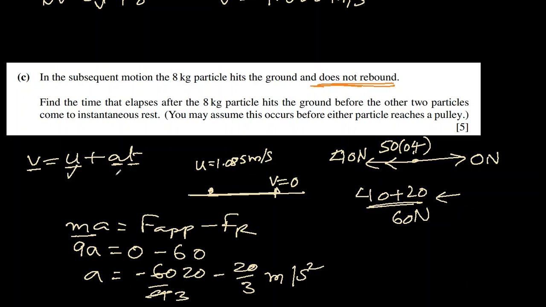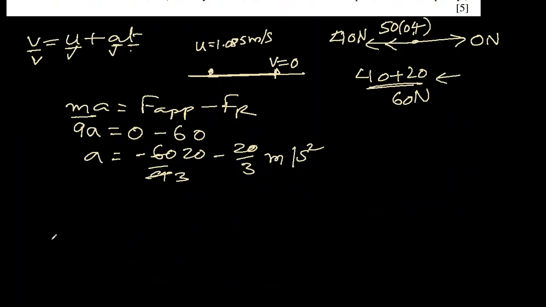Now we know u, we know v, we know a, we can find time. All right, let's do it. v is 0, it stopped finally. u was 1.085 at the start, and the acceleration is minus 20 over 3, and time we want to find out.